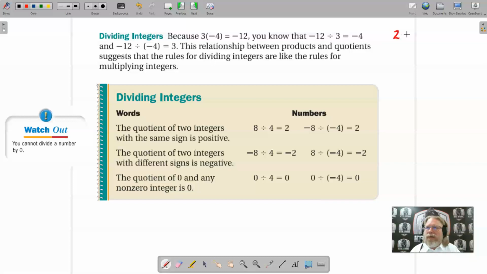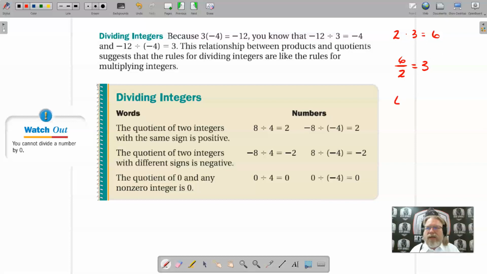We know that 2 times 3 equals 6. So if we take the product of two factors and divide it by either one of those factors, in this case we'll say the 2, then we know that the answer is going to be that other factor. 6 divided by 2 is 3.